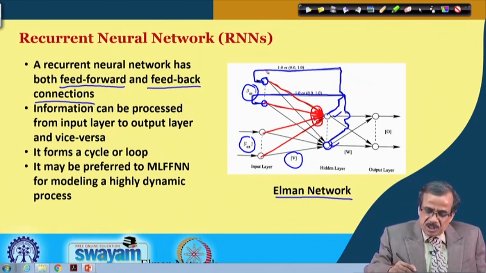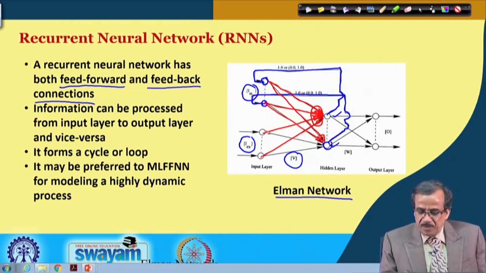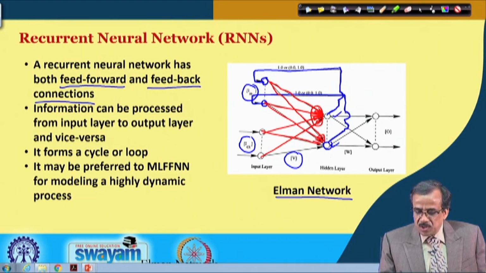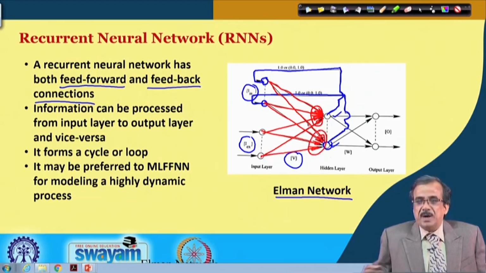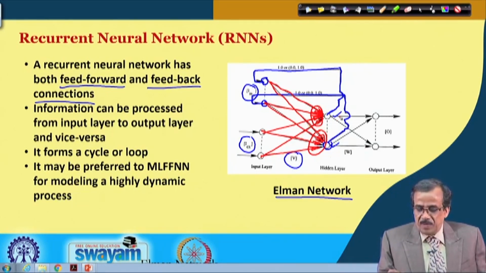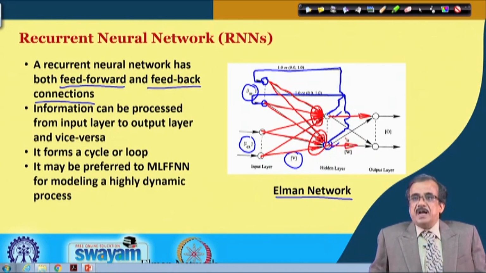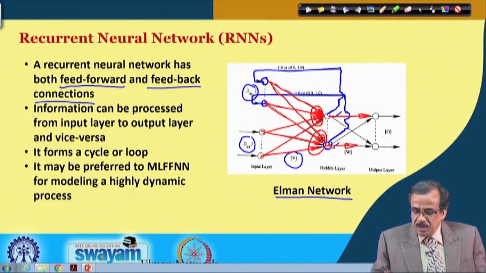Similarly, here also I will be getting this feedback coming from here, and this feedback coming from here, and of course this will come, this will also come. So, here I will be getting this combined input for the hidden neuron, and this combined input will be passed through the hidden neurons, and then I will be getting this output.